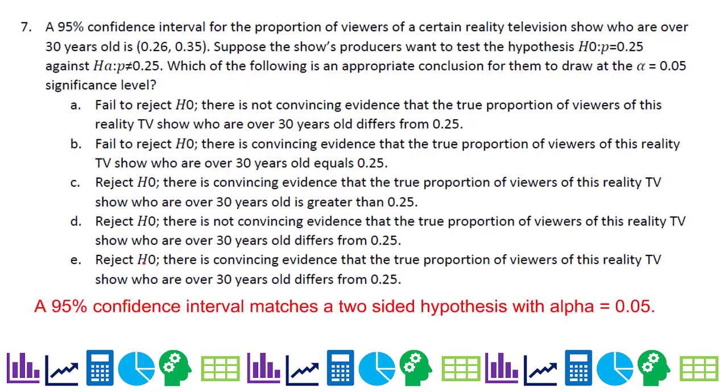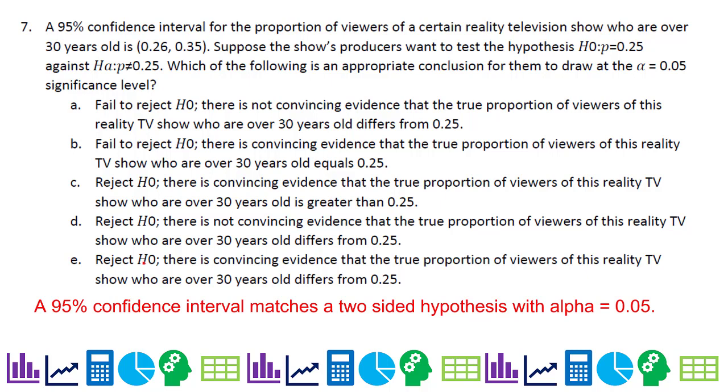Now, a 95% confidence interval does match beautifully against a two-sided hypothesis test with 0.05. Why is that? A 95% confidence interval shows plausible values for 95% of the central data, and it rejects values in the most extreme 5%.